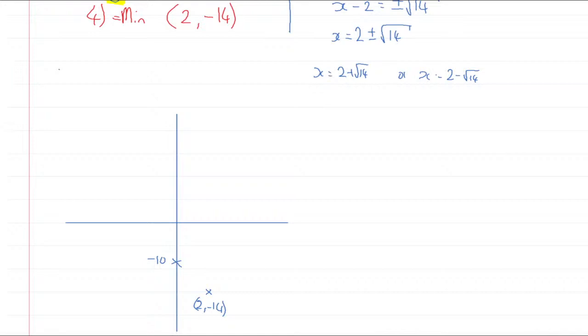You can't really see that. Just very quickly on our calculators, let's work out what 2 plus root 14 is and 2 minus root 14. Is one negative and one positive by any chance? Yeah.